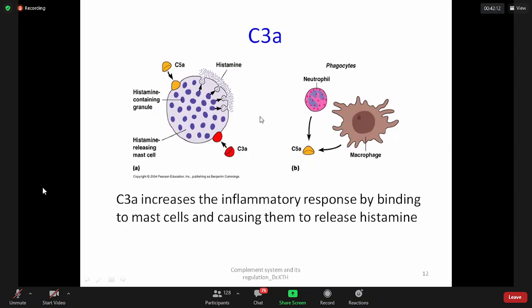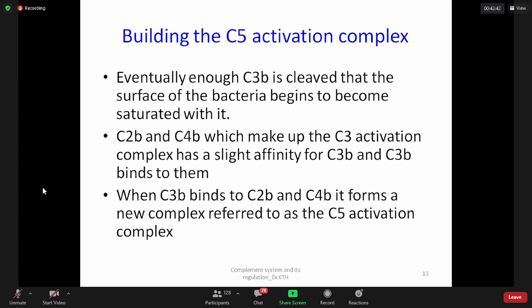And that is why they are very, very important in allergic reactions. So C3A will increase the inflammation by binding to mast cells, releasing histamine, but it also attracts the other phagocytes, the neutrophils, the macrophages, to the site where there is inflammation.